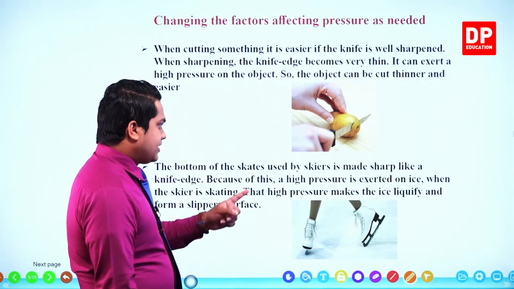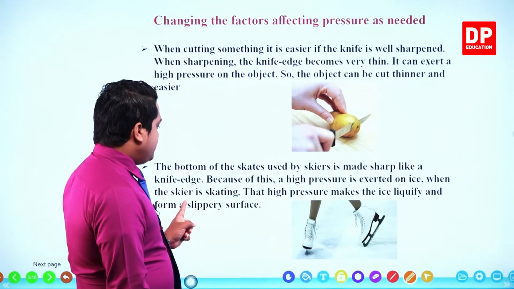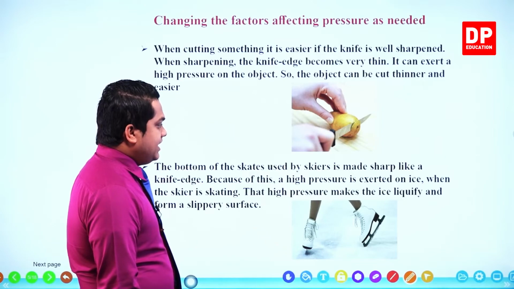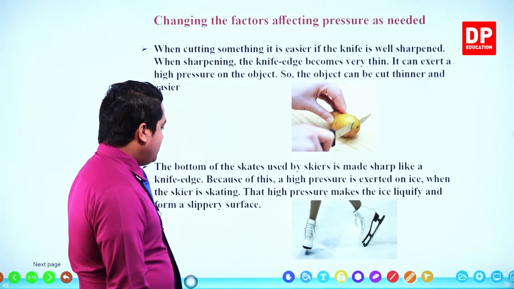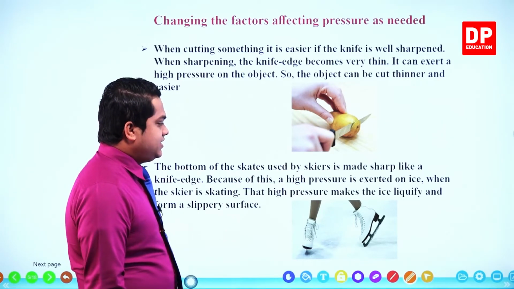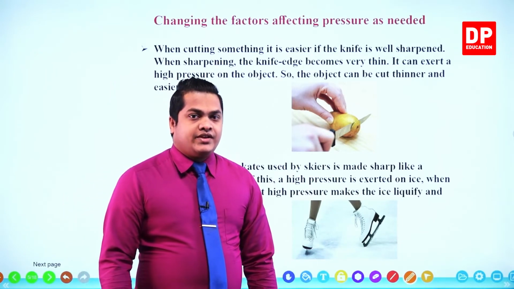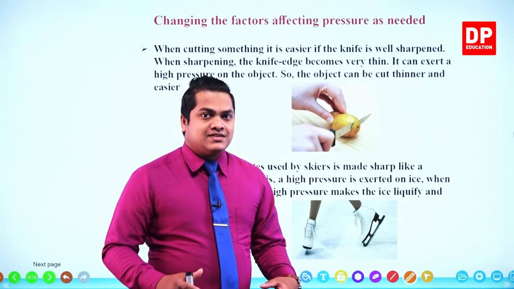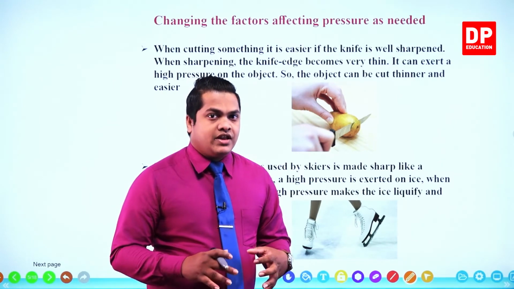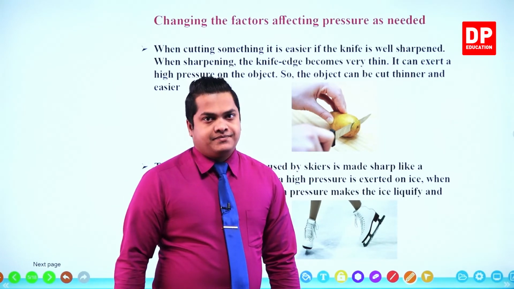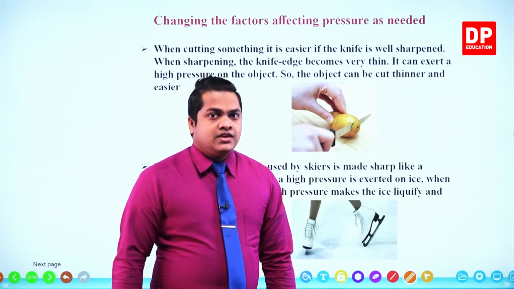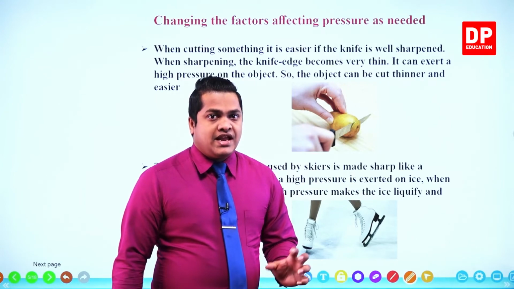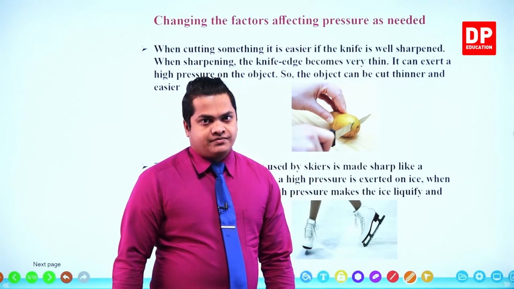So here, when the skier is skating, that high pressure makes the ice liquefy and form a slippery surface. See? So it helps to create a slippery surface so that the skier can travel very quickly and easily. This is why the skating shoes have a very thin blade-like edge right there.